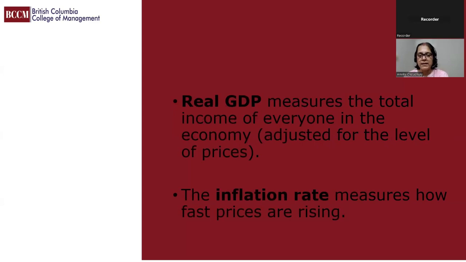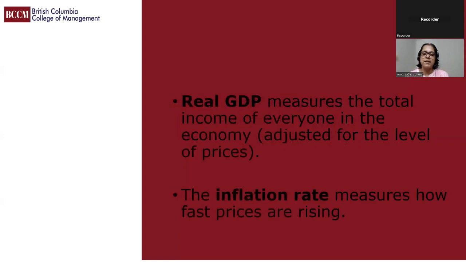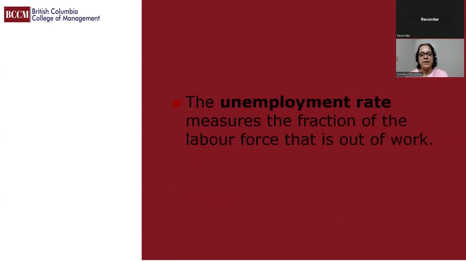And we have the unemployment rate, which measures the fraction of the labor force that is without work. So these three indicators basically show how the economy is performing. So obviously, an economy is performing well means all these three indicators are doing well. That means the economy's real GDP is high, the inflation rate is low, and also the unemployment rate is low.